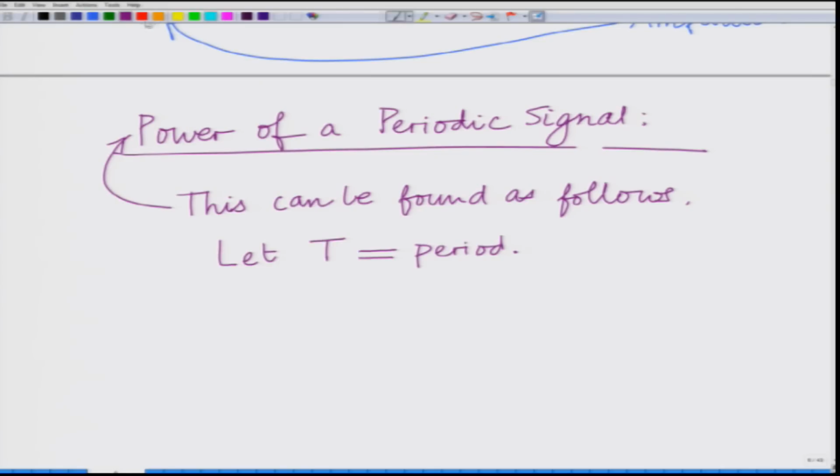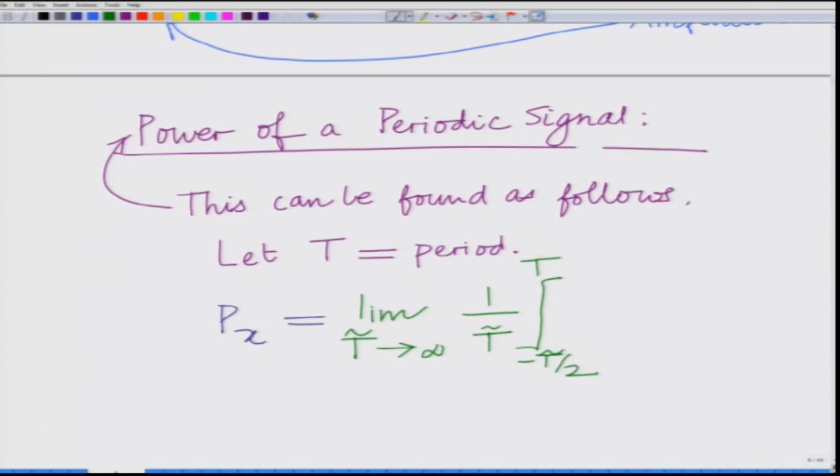Then, from the definition of the power, we have Px equals the limit as t tilde tends to infinity of 1 over t tilde times the integral from minus t tilde divided by 2 to t tilde divided by 2 of magnitude x(t) squared dt.